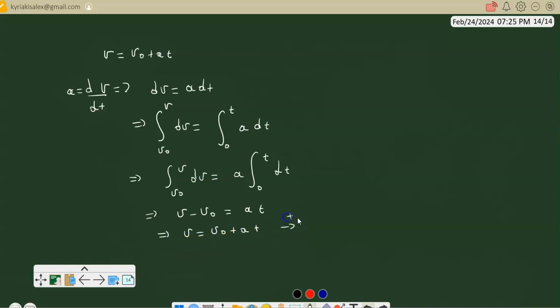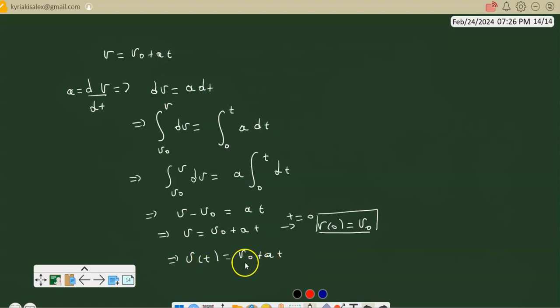For t equals 0, v equals v0. So this can be written as v of t equals v0 plus a times t. This is the velocity as a function of t.